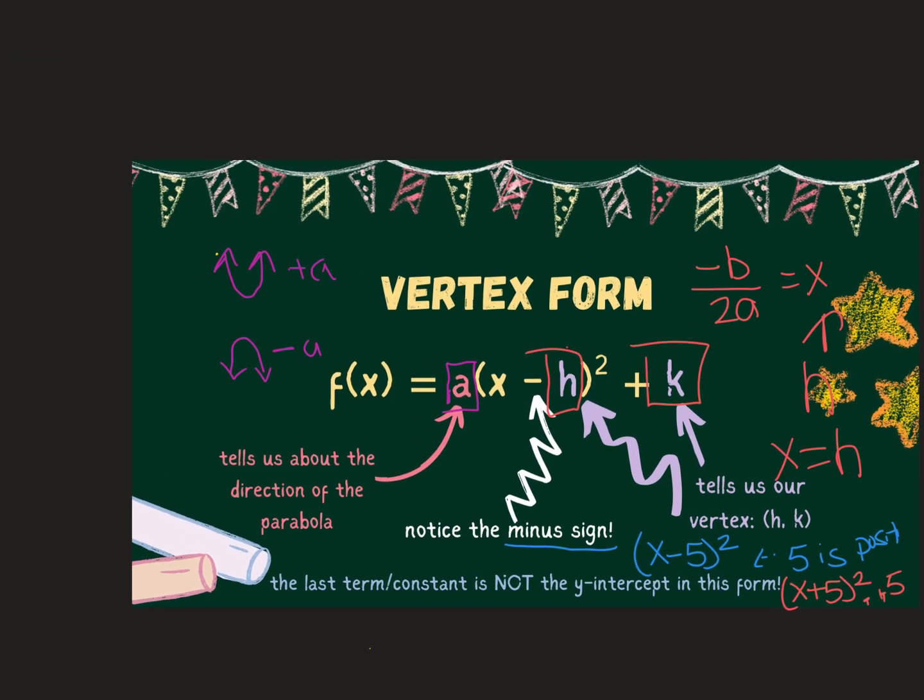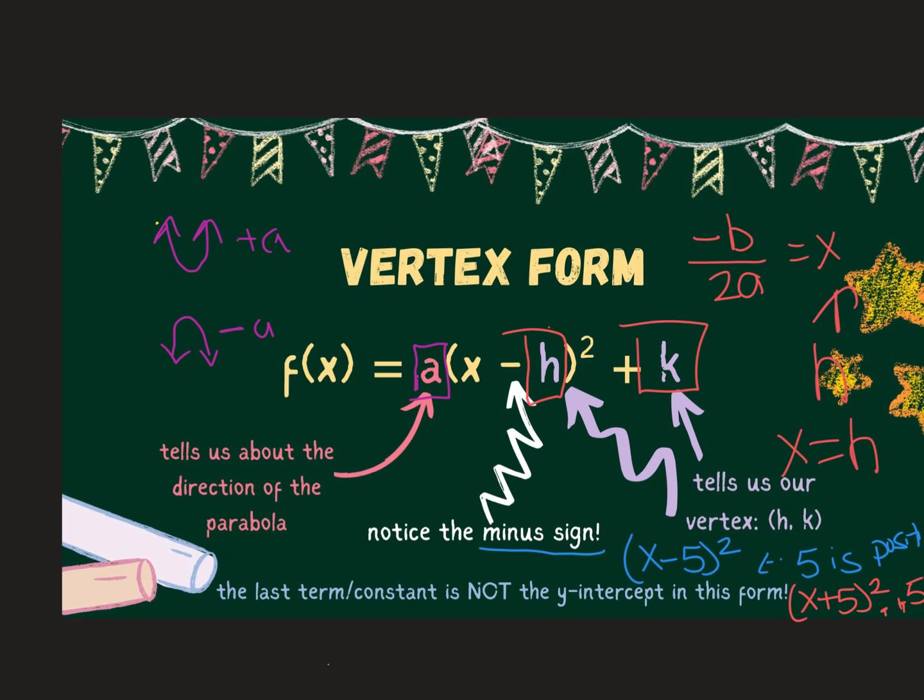So that's where we need to be very careful when we're looking at our h value in vertex form. If that negative is still there in the equation when we're pulling that h out, then that h value is positive. But if we take a look at a vertex form that has a positive h, well, we know that vertex is negative.